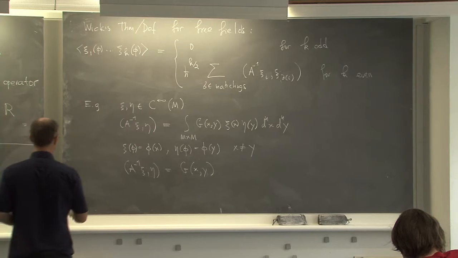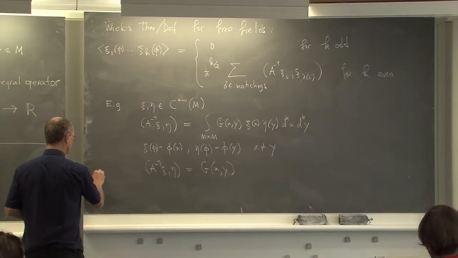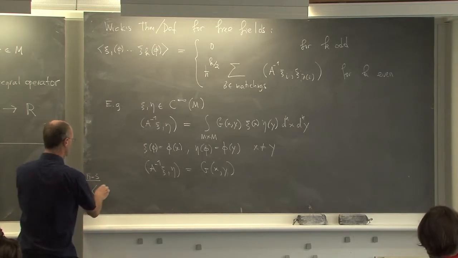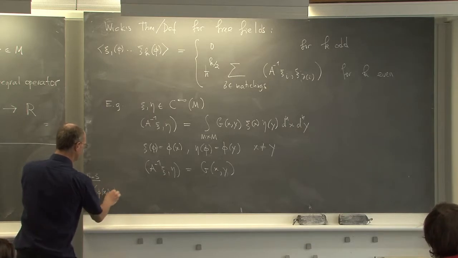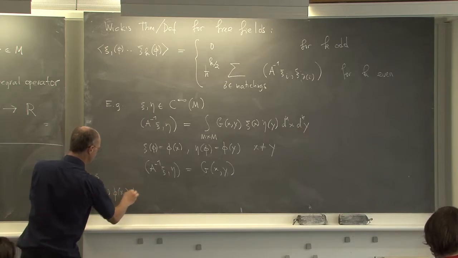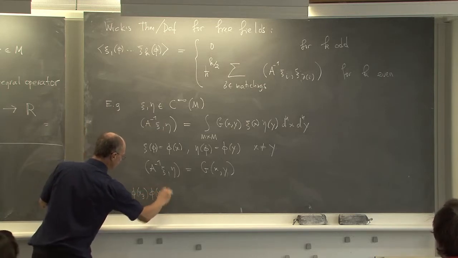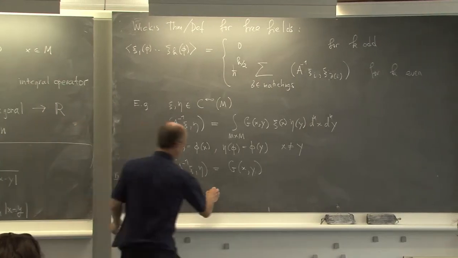In particular, for instance, for n equal to 3, we can say phi of x1, phi of x2, phi of x3, phi of x4, right? So we can compute such a correlator.